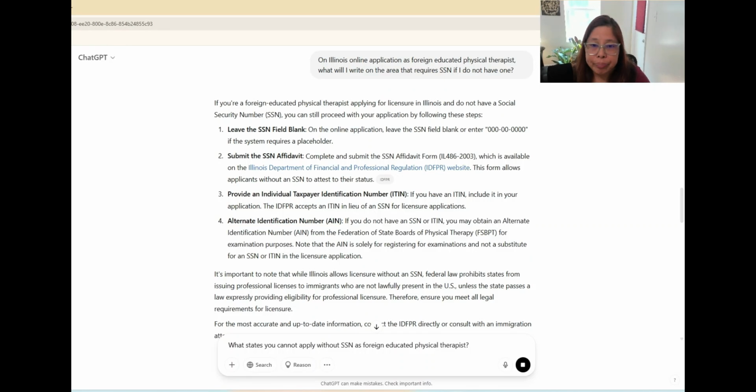So the social security number and ITIN are for sure. The AIN you have to double check. Email the IDFPR to ask if the AIN is really acceptable. There are very few states that accept an AIN in lieu of a social security number.